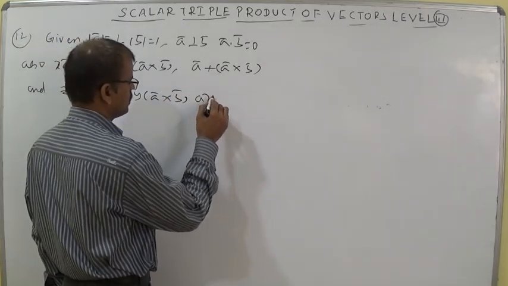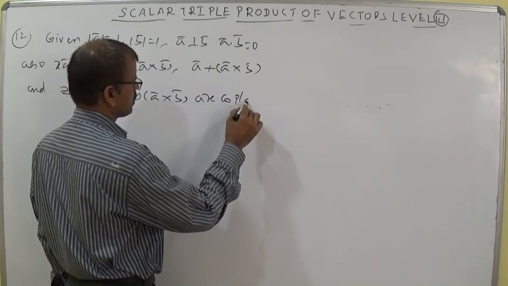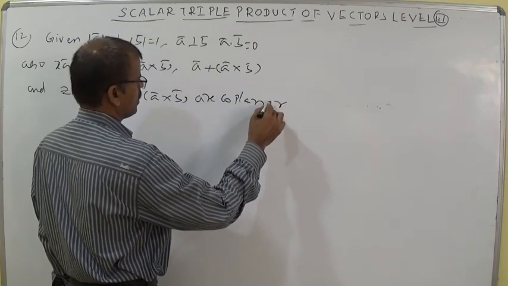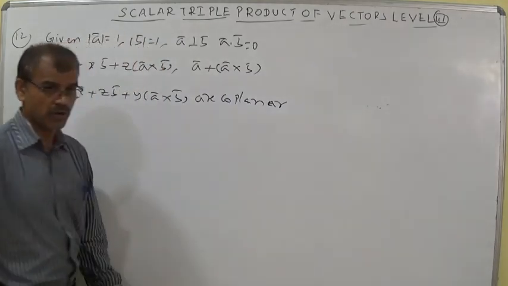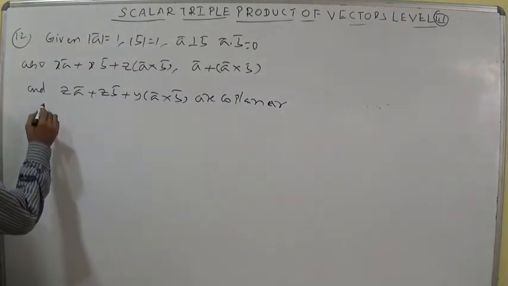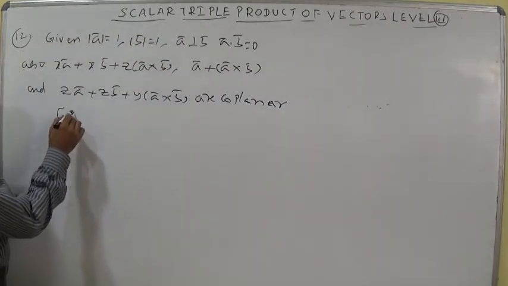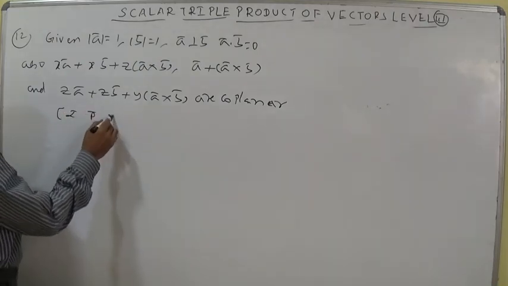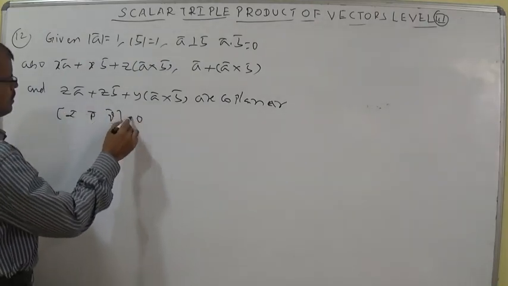Lie in a plane means these three vectors are coplanar. That is the box, the alpha, beta, gamma concept: alpha bar, beta bar, gamma bar equal to 0.